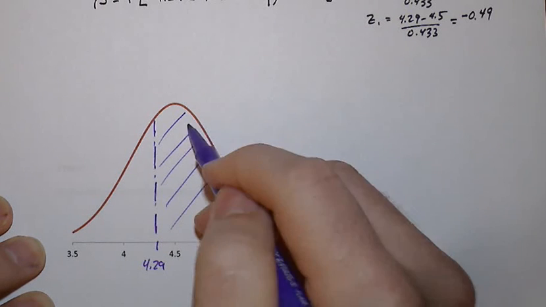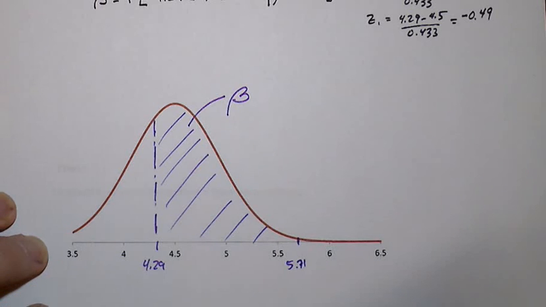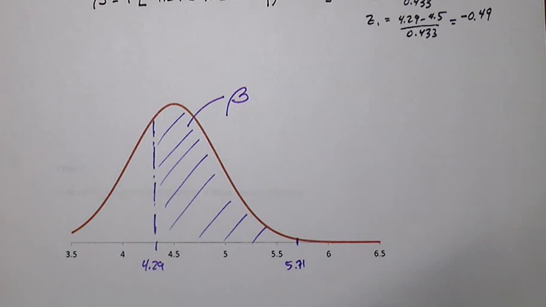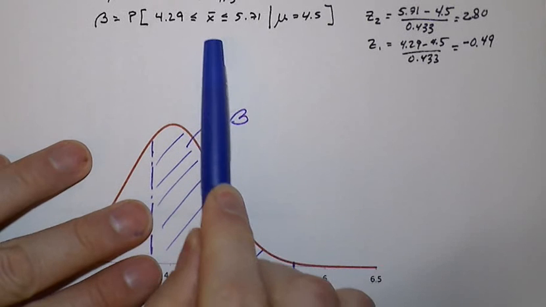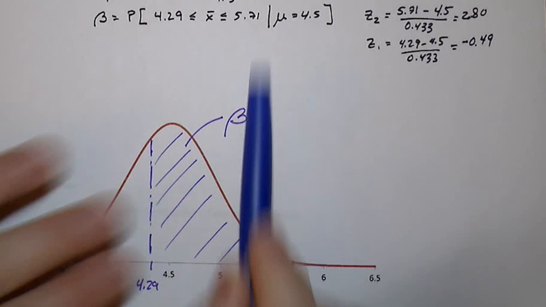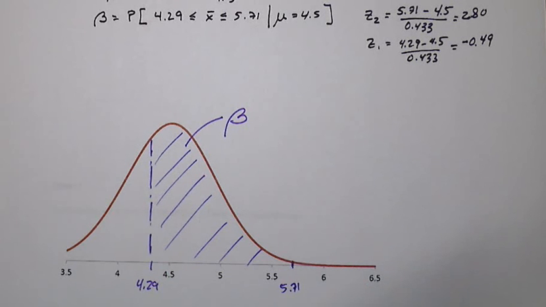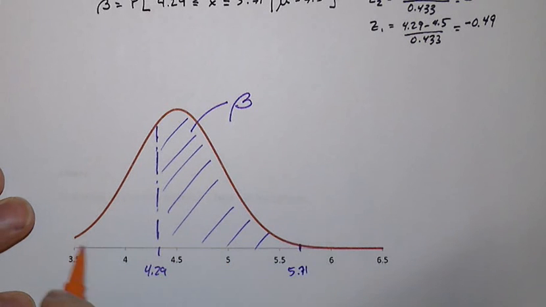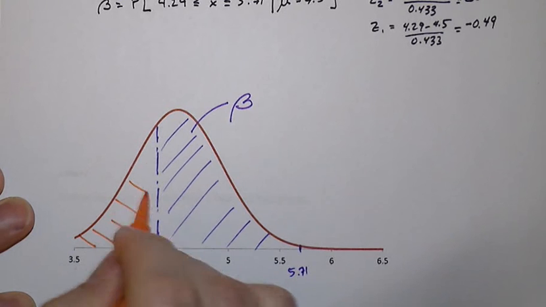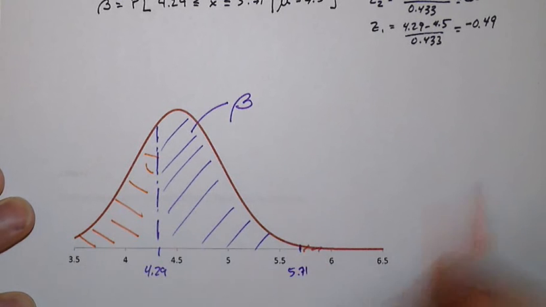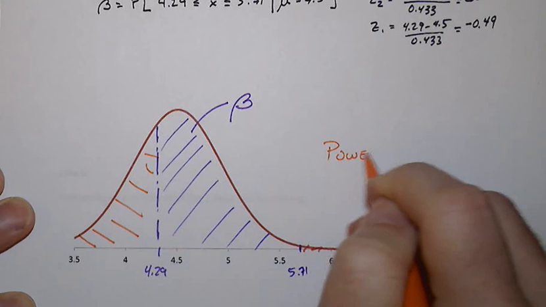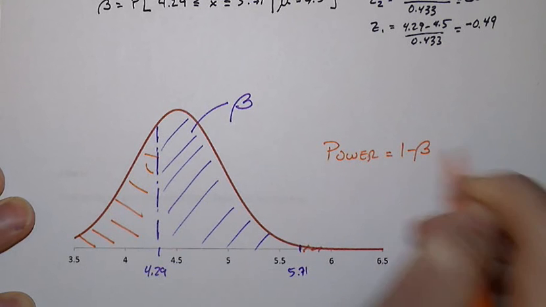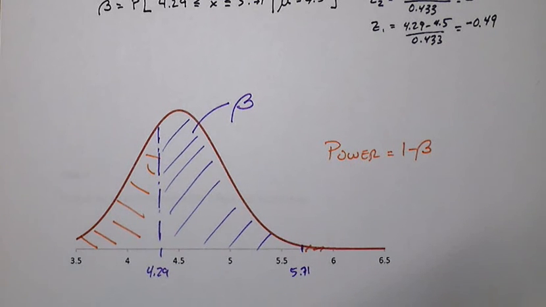Now, that's the one we want. That's our beta: the probability that our sample mean turns out to be in the range rather than outside. Now while we're right here, I want to point out that the power is this other area. So power equals 1 minus beta. We'll come to that again in a second, but it's so nicely illustrated right here.